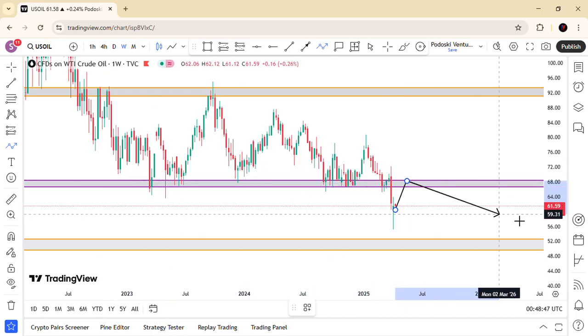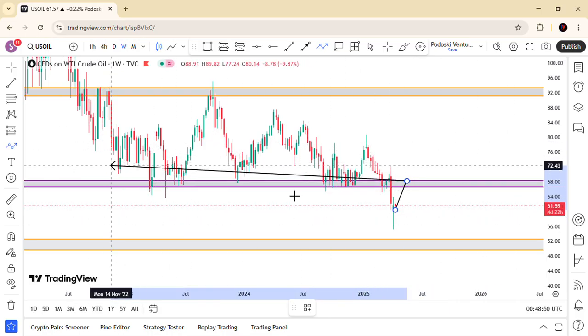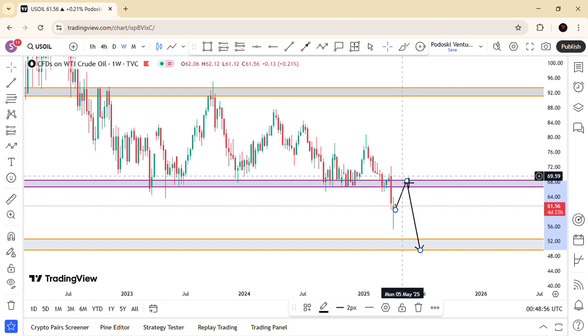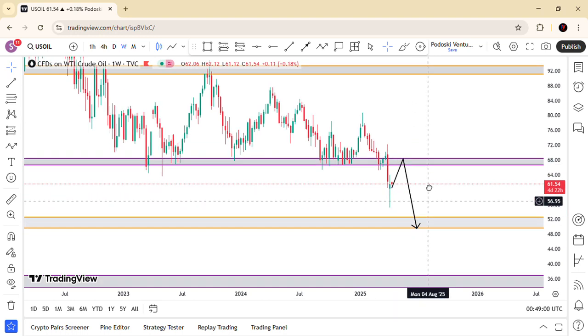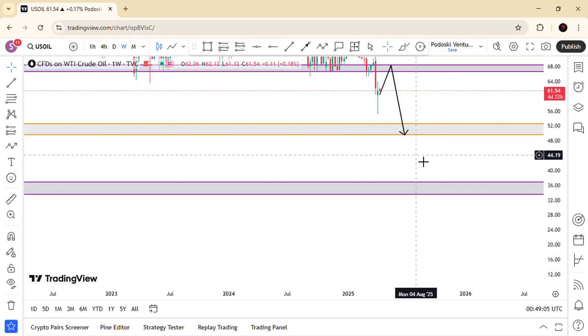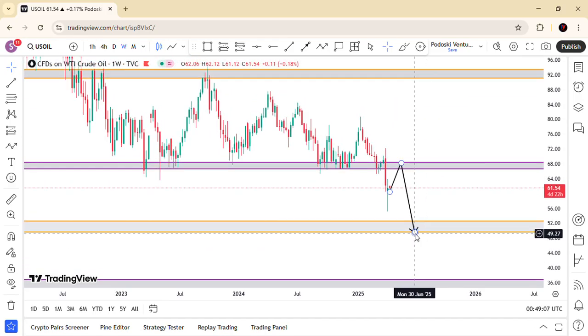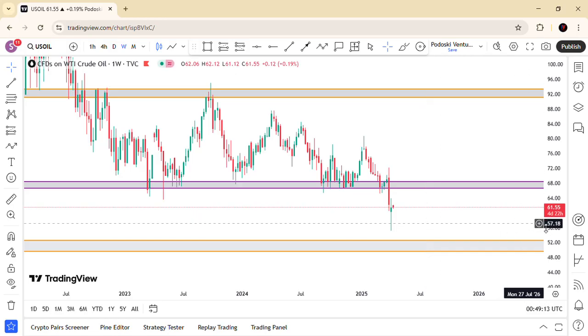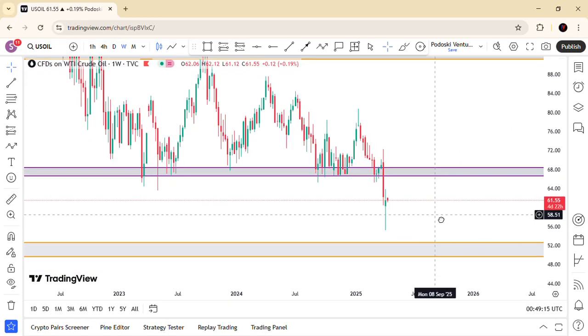Then price drops, and we take a sell all the way to the weekly low. If price continues to drop, we'll be looking for more selling opportunities all the way to the monthly low. But first, let's look for opportunities all the way to the weekly low before we capitalize on the next move to the monthly low.